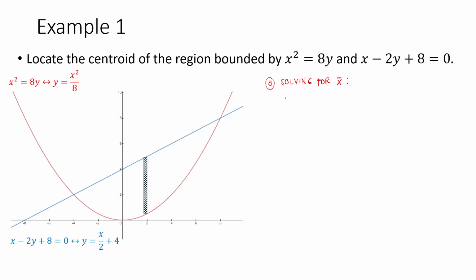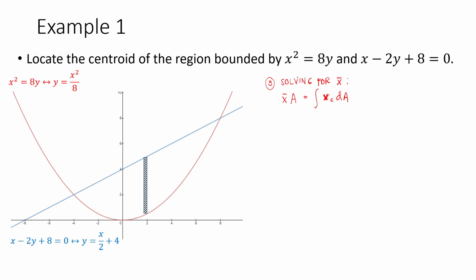So if we try to write the formula, this will be bar x times the area. Take note that we already solved the area earlier in the second step. So x sub c times the differential area. Take note that the differential area that we have used is the vertical strip.